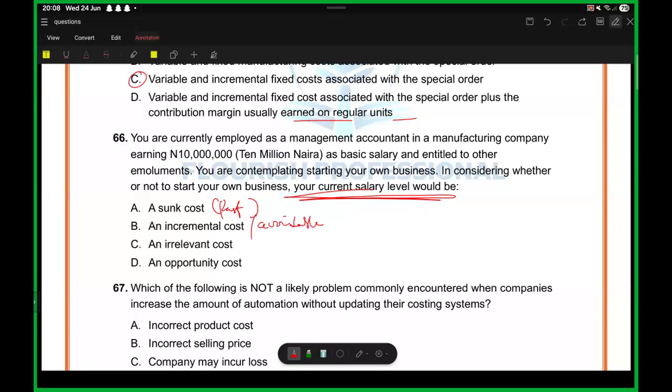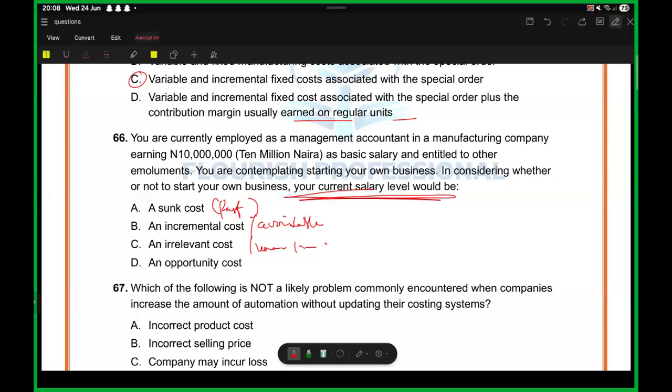Then we have C, irrelevant cost like historical cost and fixed cost. These are costs you will still incur whether or not you make the decision, so we mostly call them unavoidable or uncontrollable costs. And an opportunity cost is the benefit you lose in choosing an alternative.